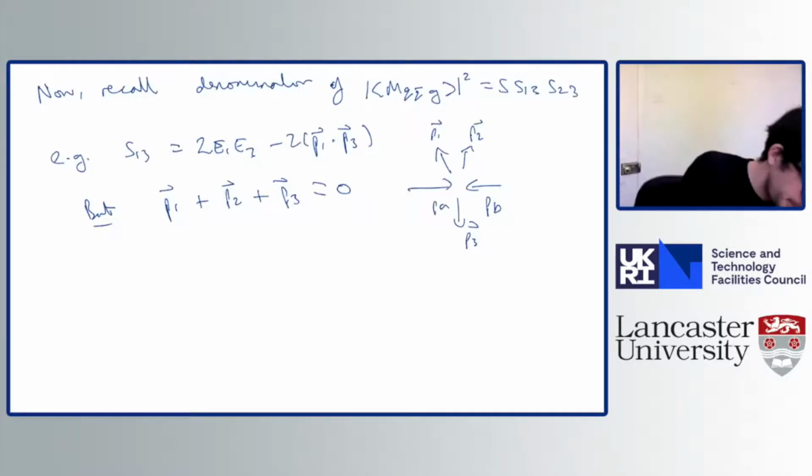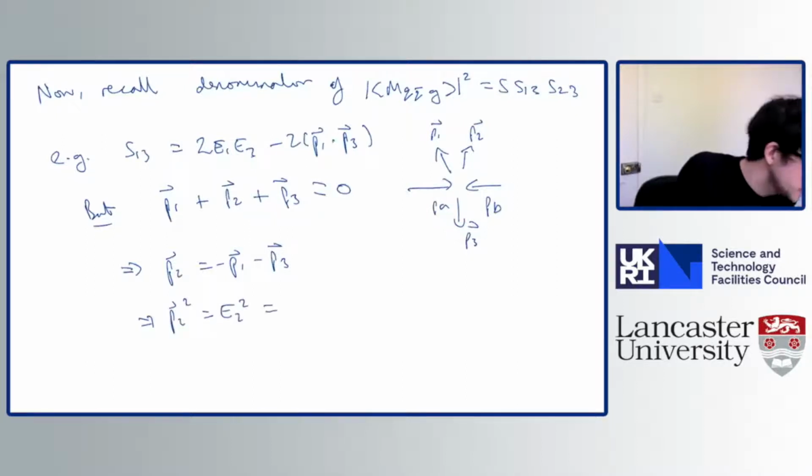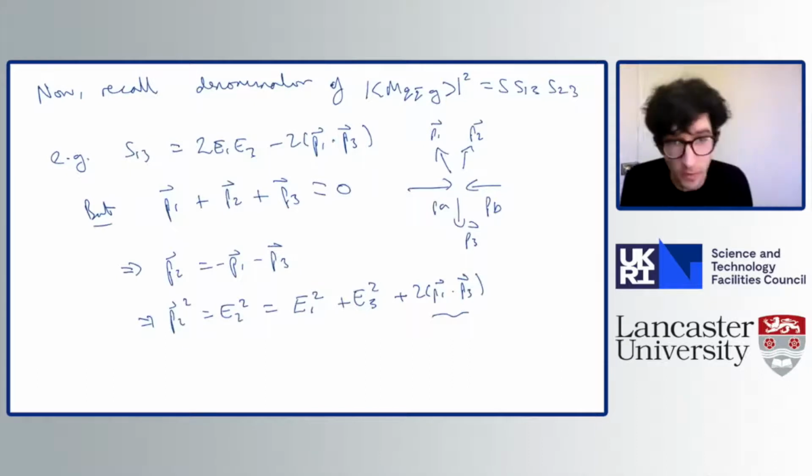And therefore, P2 is equal to minus P1 minus P3, and therefore P2 squared, which equals E2 squared, is equal to P1 squared, so that's E1 squared, plus P3 squared, that's E3 squared, plus 2 P1 dot P3. So we can use that to rearrange and get rid of the P1 dot P3.